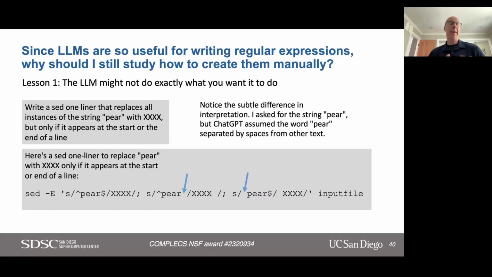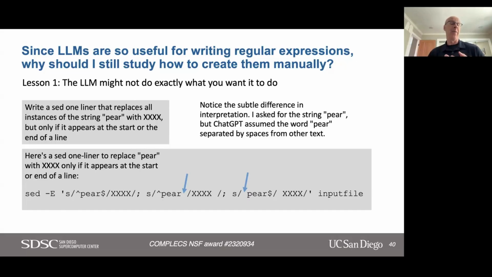And ChatGPT gave me a very good, very useful sed one-liner, but notice a subtle difference in the interpretation. I asked for the string PEAR, but ChatGPT assumed the word PEAR separated by spaces from other text. So this is going to be a little different.